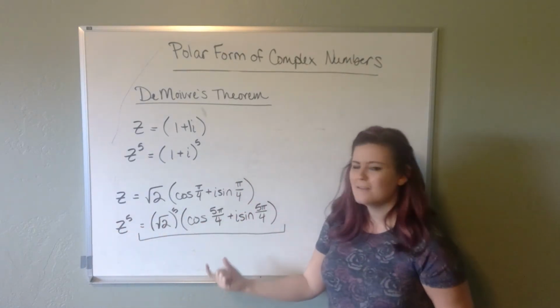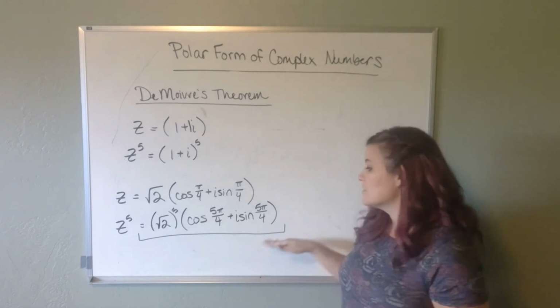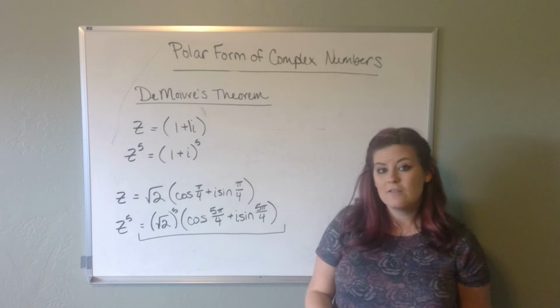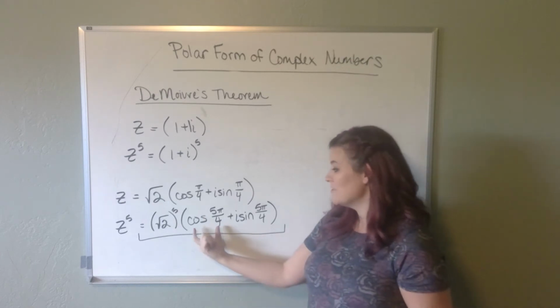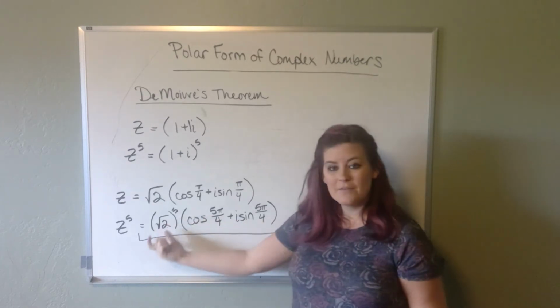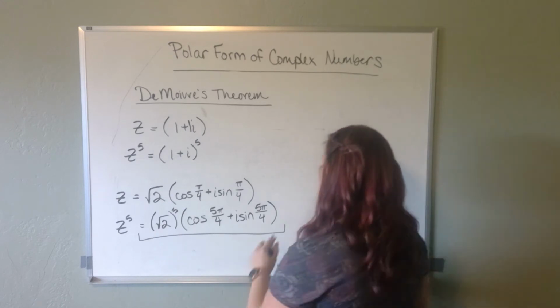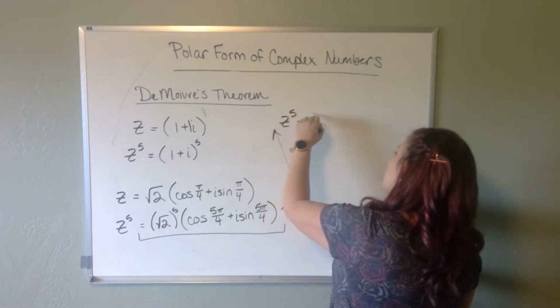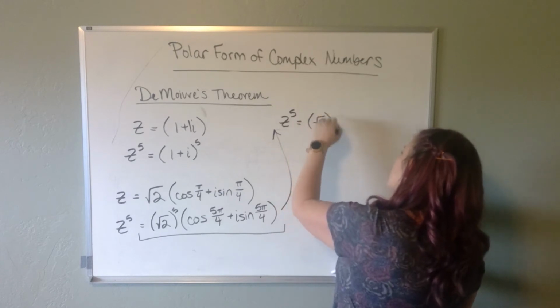You don't take the sine, you don't take the cosine, you don't do anything. You just leave it in this template. If you want to get it back to rectangular form, all you have to do is work out the math here. So you guys, I have that square root of 2 to the 5th.